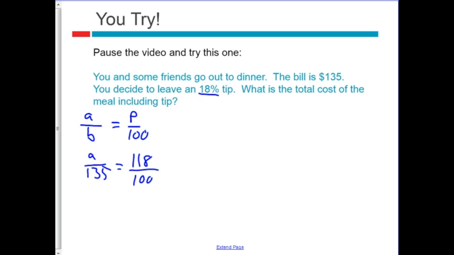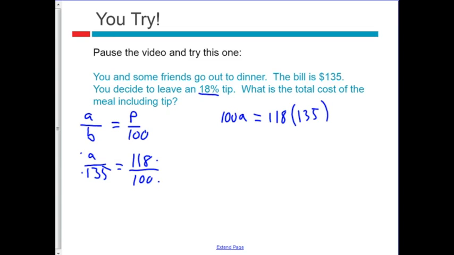And again, the proportion lines up. I have 118 is bigger than 100, and the amount I pay should be bigger than the amount of the bill. So I do the cross multiplication, and I get 100A equals 118 times 135.